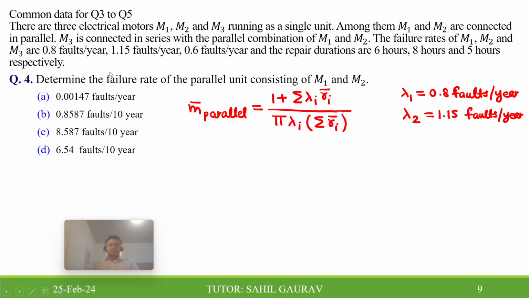So these are in faults per year values. So just remain as it is.